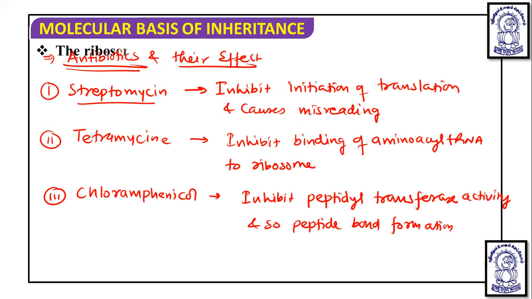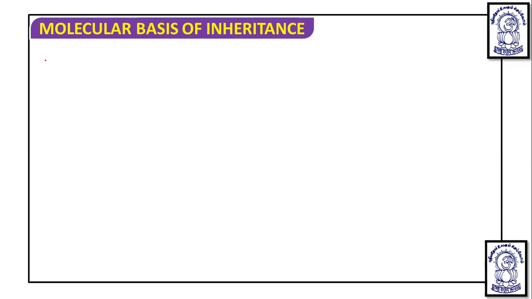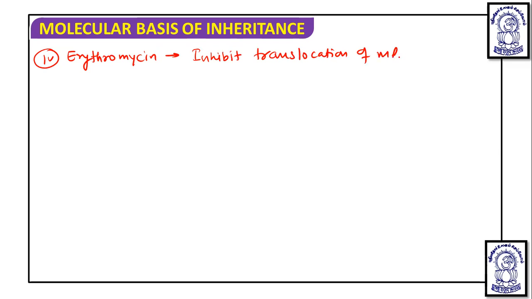Now the fourth antibiotic is erythromycin. Erythromycin inhibits translocation of mRNA along the ribosome.